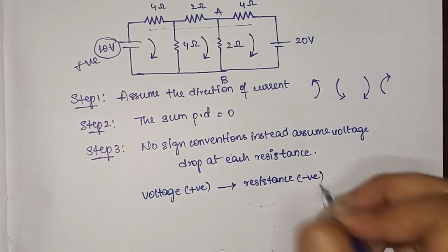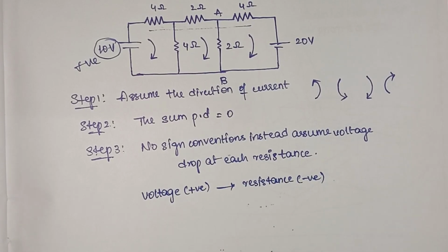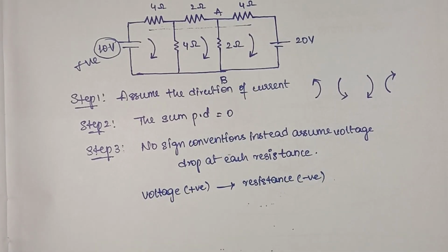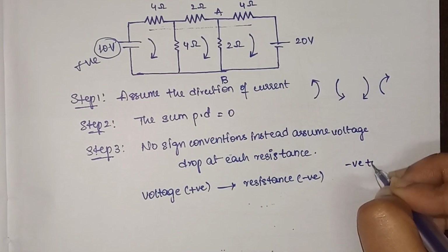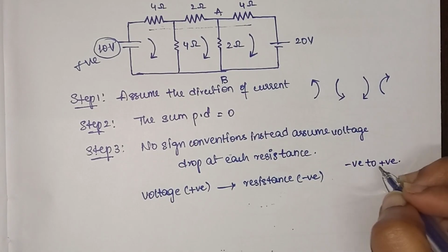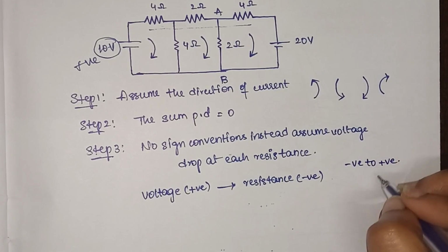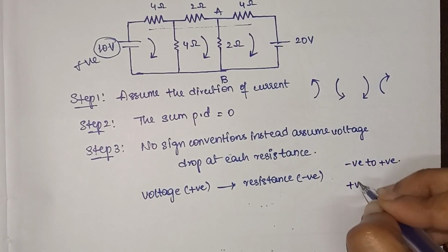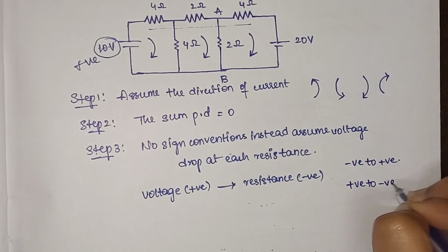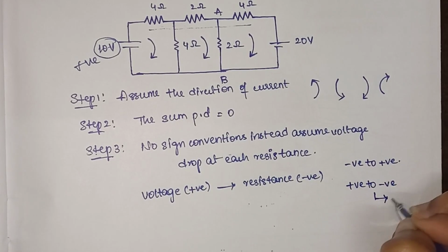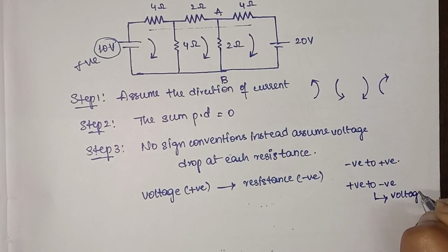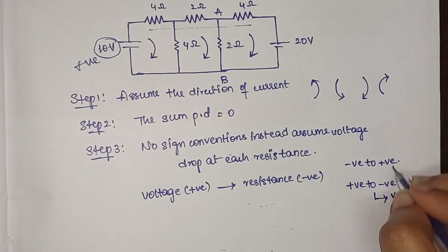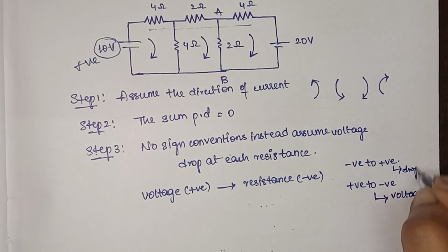Now while solving this problem, if our current is flowing from positive to negative, then we are having voltage rise. In this case it is a drop condition.